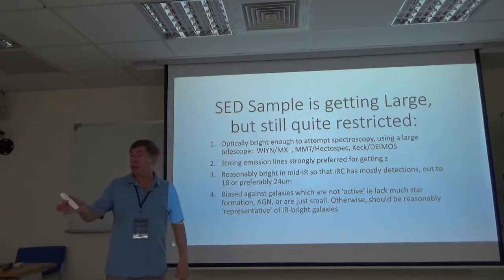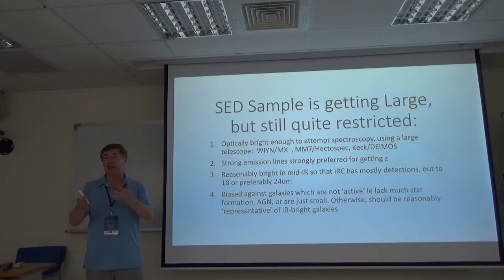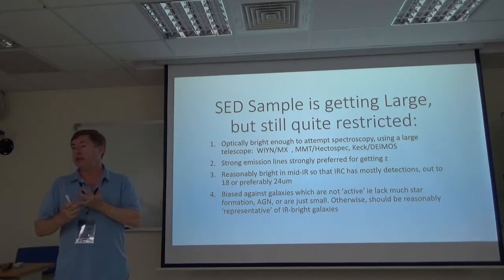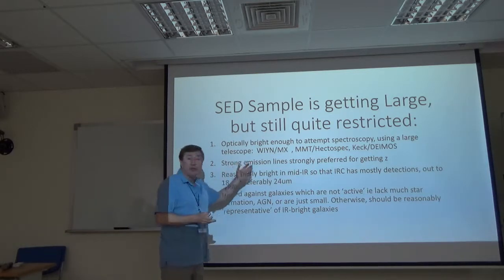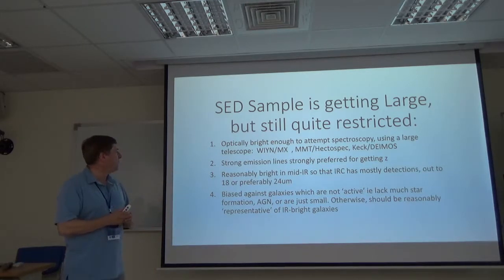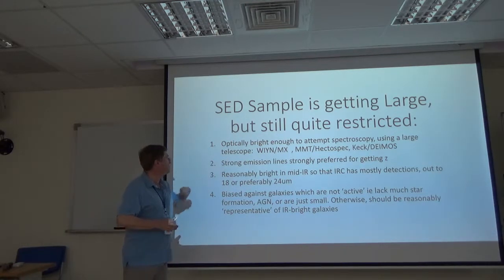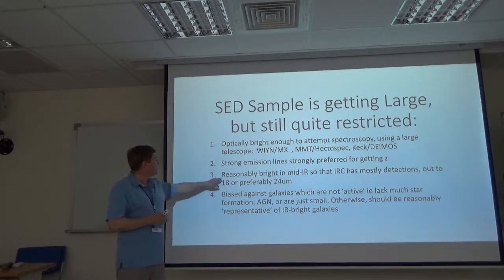There is, of course, a bias here. In addition to the bias that the objects that are in the sample should be bright in the Akari bands, including the mid-infrared, it also helps if they have some emission lines in the optical spectrum so that we can identify it. This is not absolutely crucial requirement, but this one is a serious requirement.